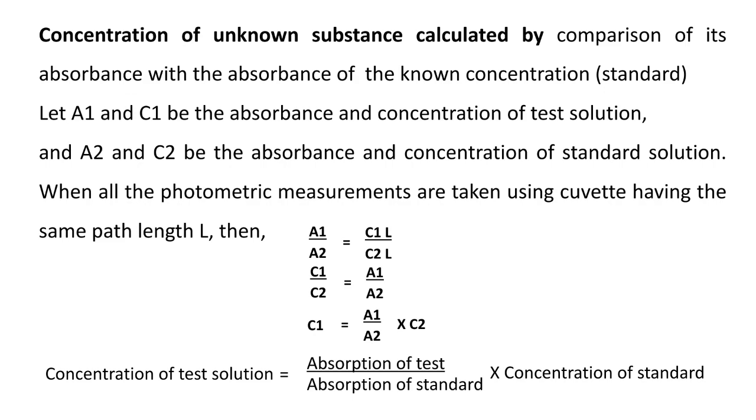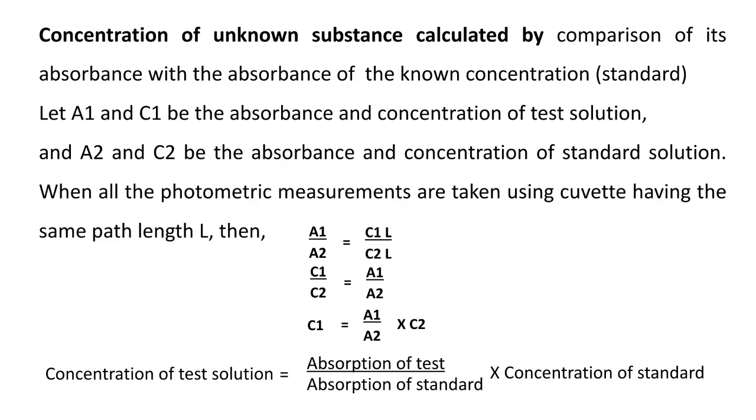C1 is the test concentration, which we don't know, but A1, the OD of the test solution, is known, and A2, the OD of the standard solution, we will get. Then C2, the concentration of the standard or known solution, we know.